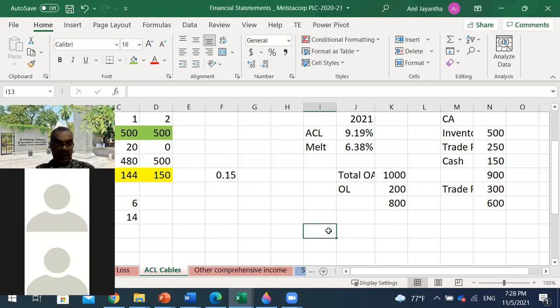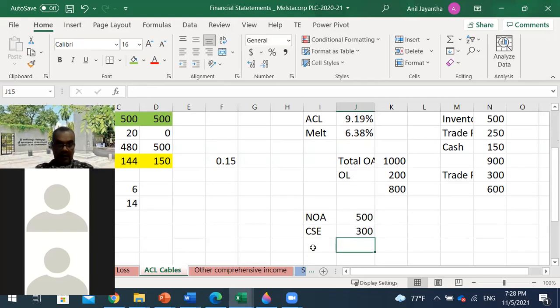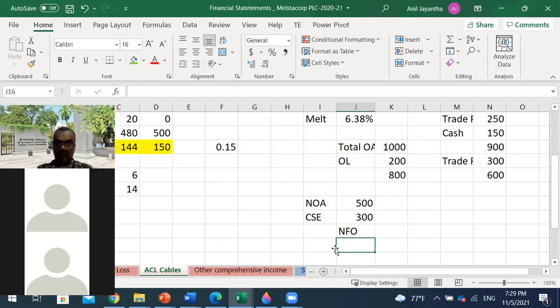Say net operating assets 500, common shareholders equity 300, net financial obligation 200.